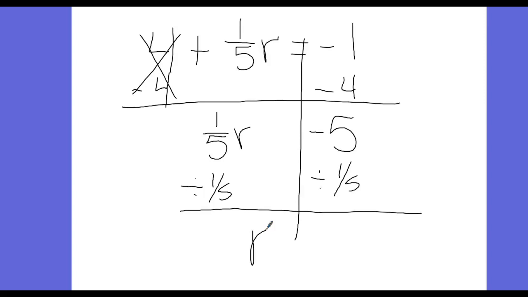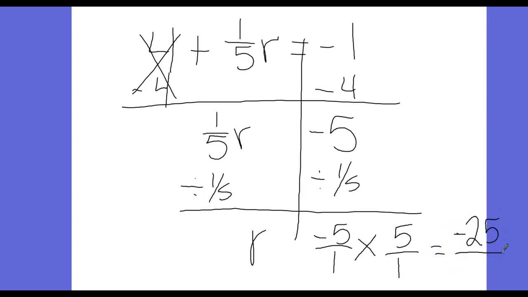So you keep negative 5 over 1, change to the multiplication, and then you flip 1/5 to 5 over 1. So you always keep the one that's by itself. Now when I multiply, negative 5 times 5 is 25. Negative, don't forget your negative, 25 over 1. So my answer is just negative 25.